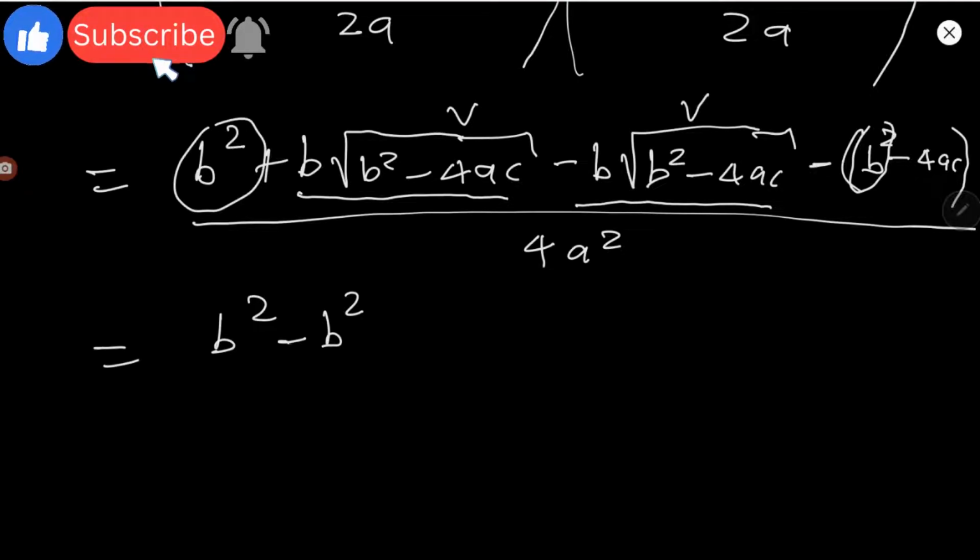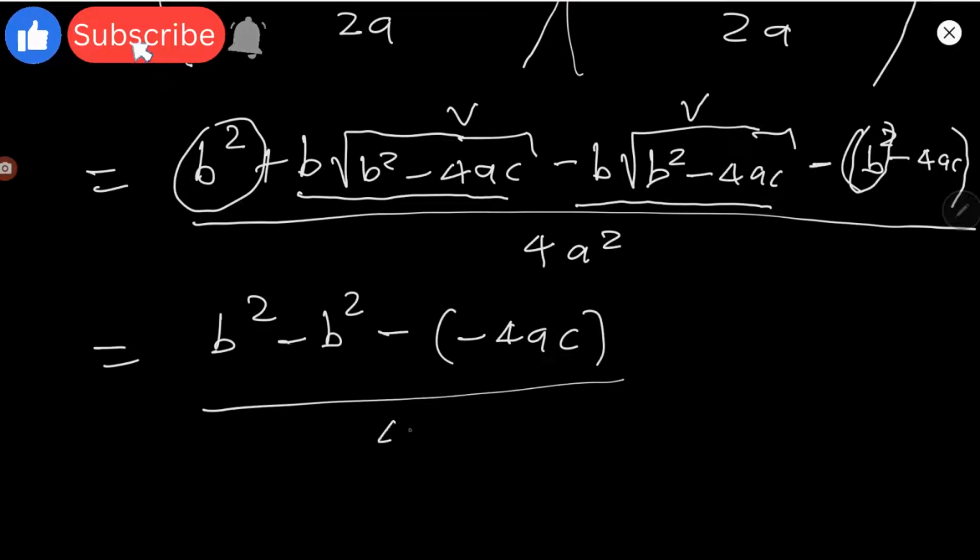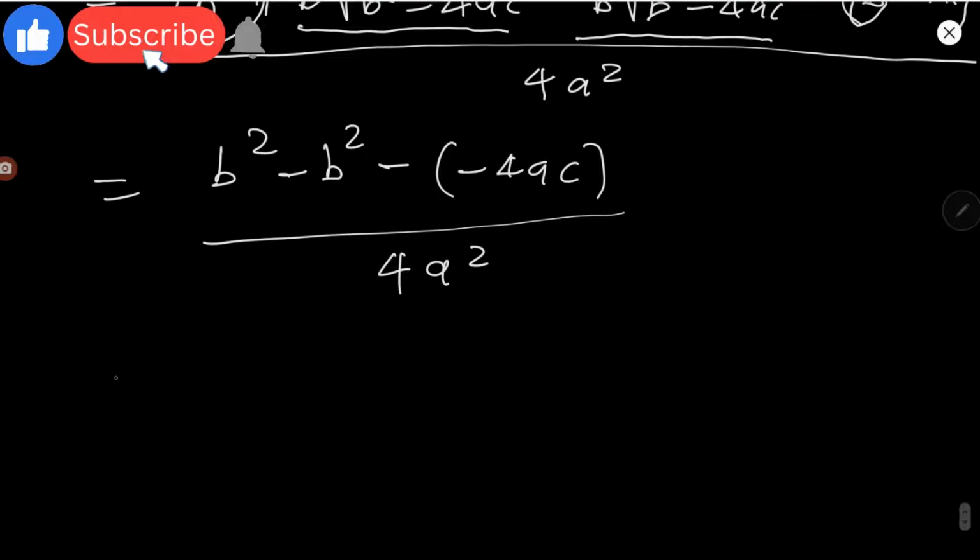We're just remaining with the last term, which is minus, then we'll open and we'll have minus 4ac, and we're dividing this by 4a squared. So b squared minus b squared now will disappear, so we'll just have 4ac, since negative times negative is positive, over 4a squared.